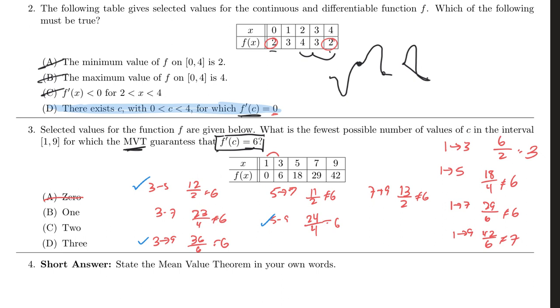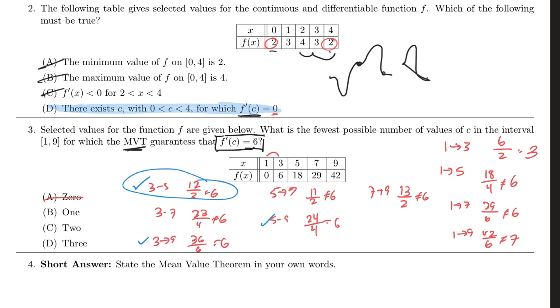Let's just double check the 3 that we think. All right, 3 to 5, the difference in the x values is 2. 18 minus 6, the difference in the y value is 12, so 12 divided by 2 is 6. All right, so this one definitely works. All right, 3 to 9, 42 minus 6 is the difference in the y values.